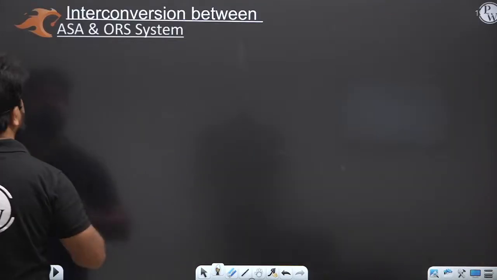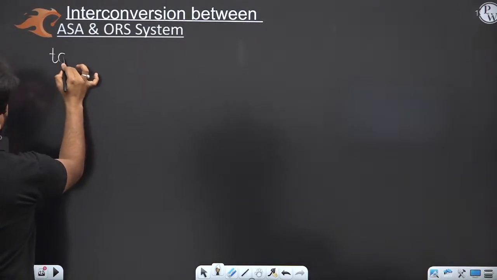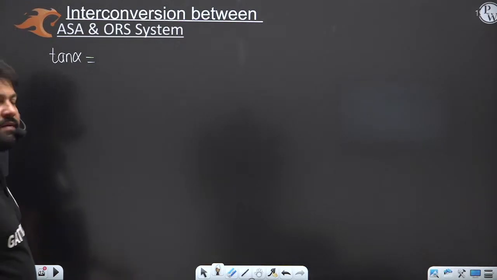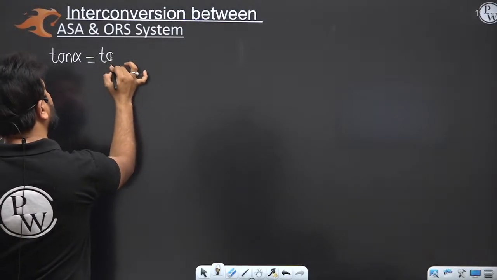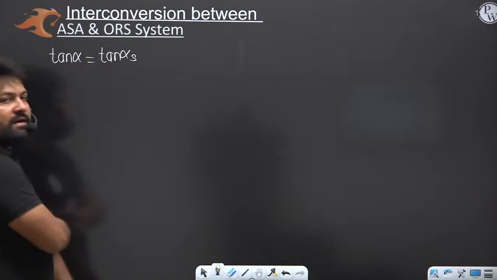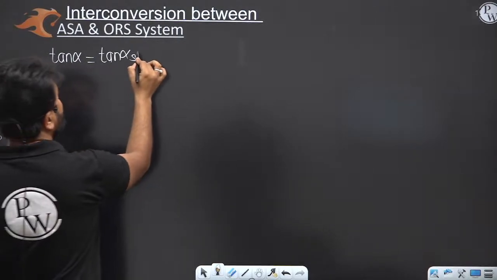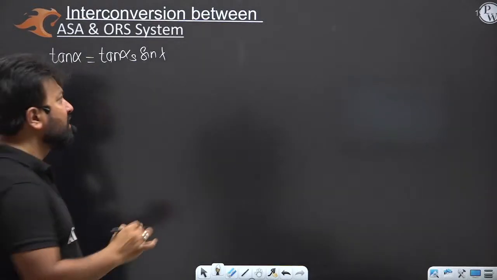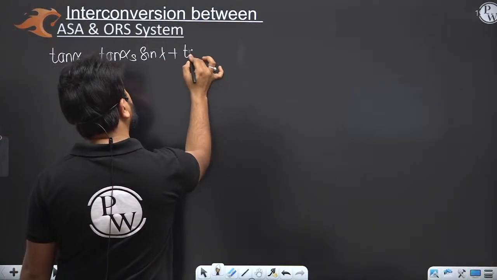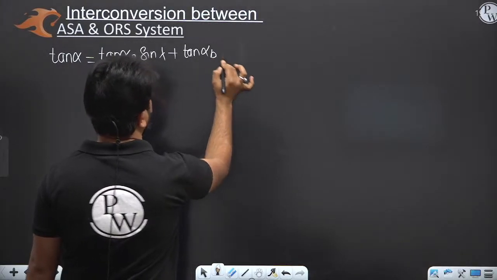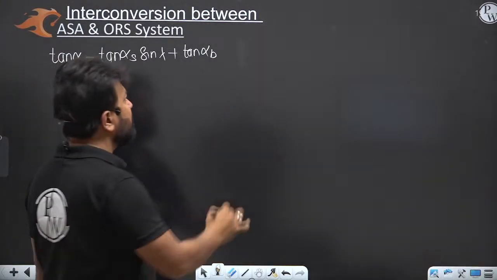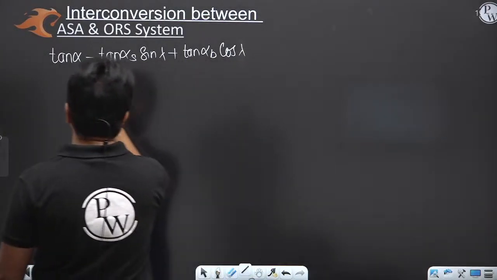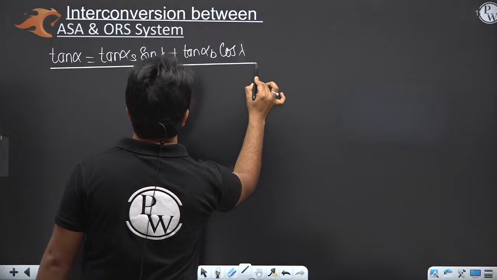There is an interconversion formula: tan of orthogonal rake angle, alpha, equals tan of side rake angle, alpha s, into sine lambda, where lambda is the approach angle, plus tan of alpha b, the back rake angle, into cos of lambda. So this is the formula.